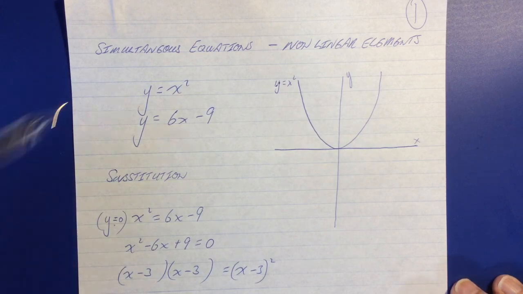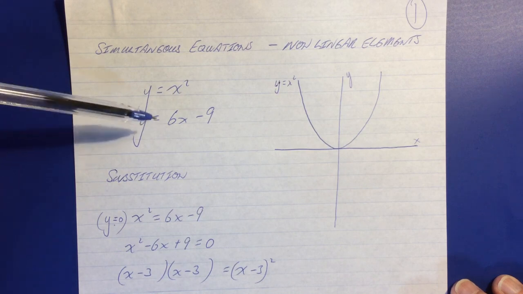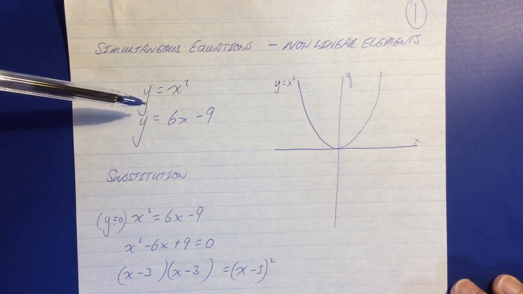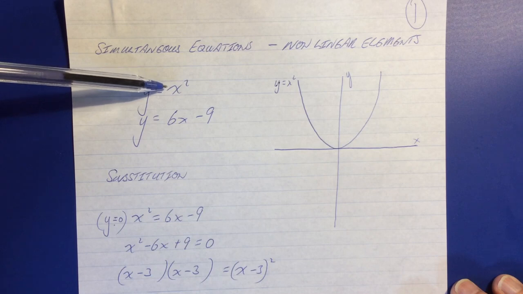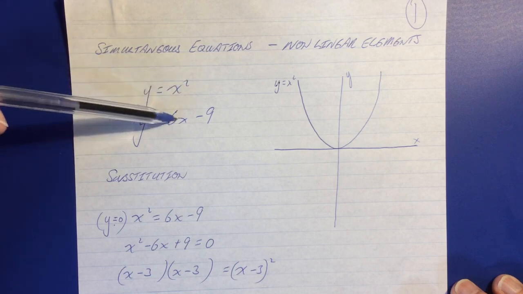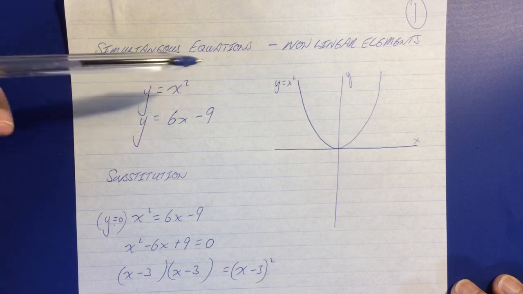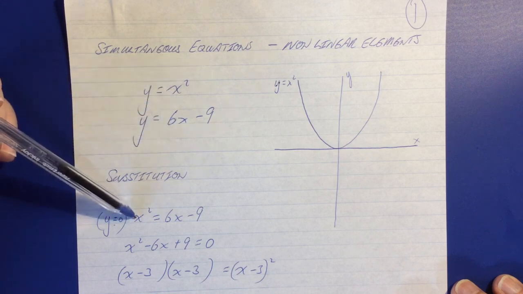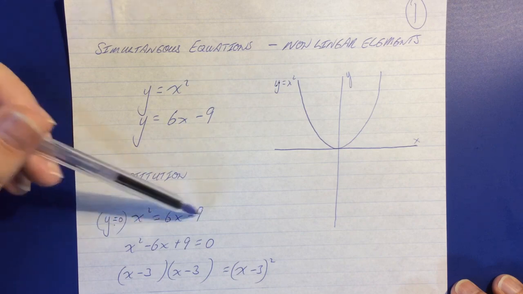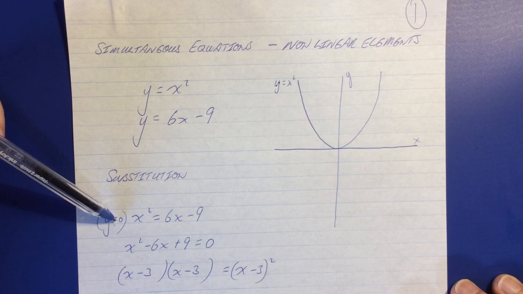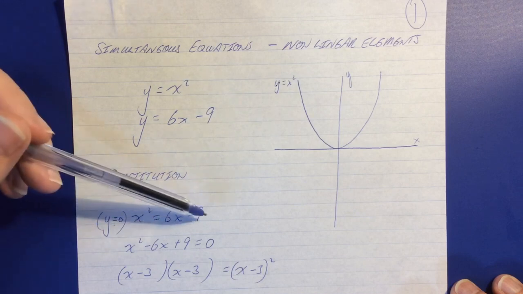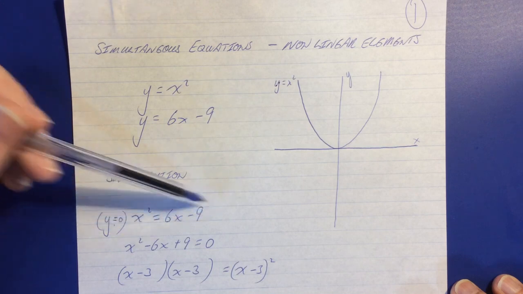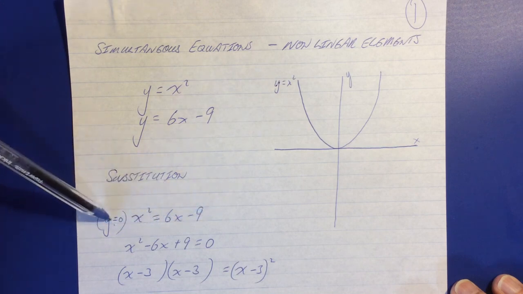Okay, so what we're going to do is use substitution. We're simply going to say that if y equals this and y equals this, then this should equal this. We rearrange this and make y equal 0.